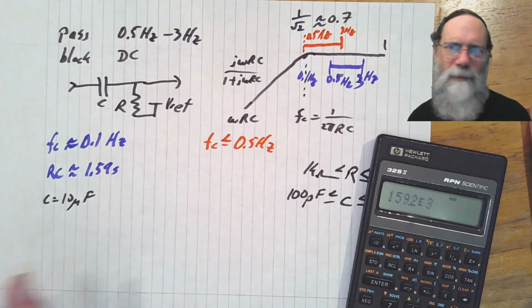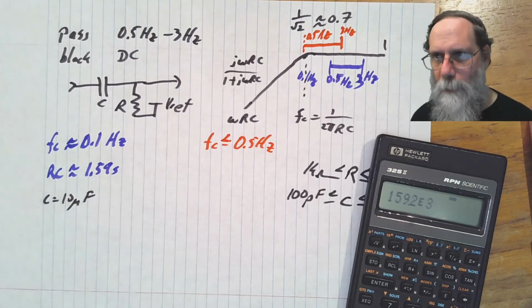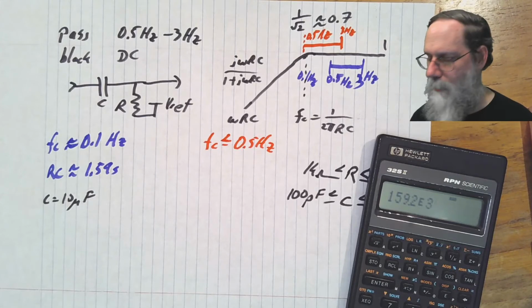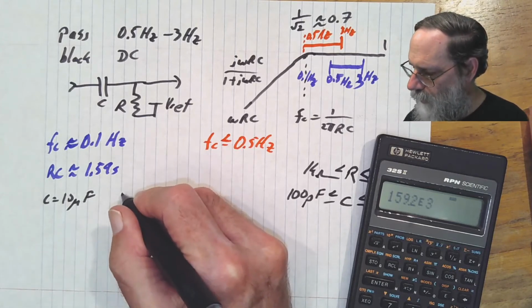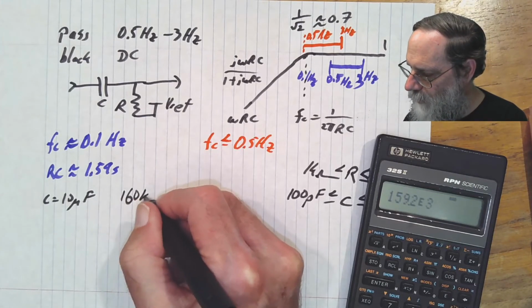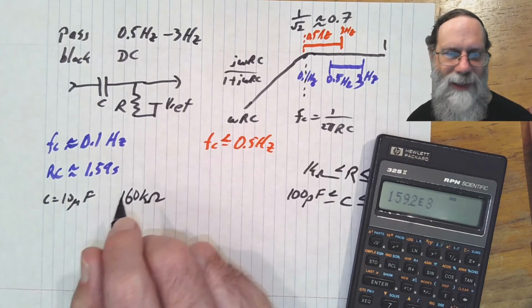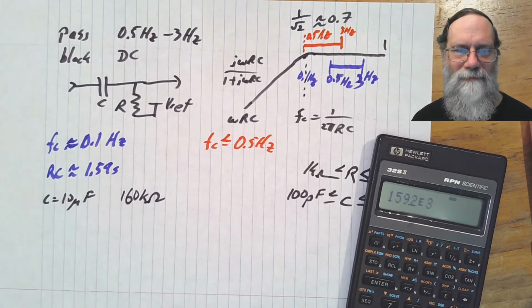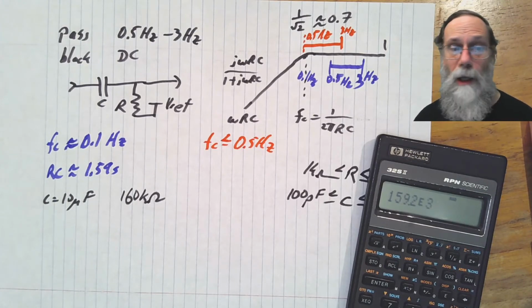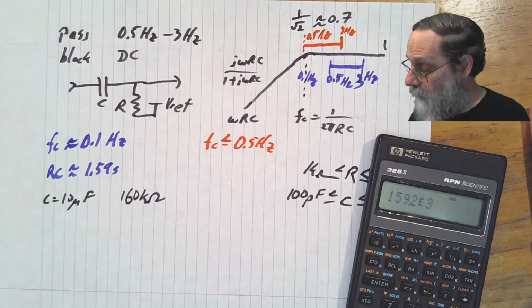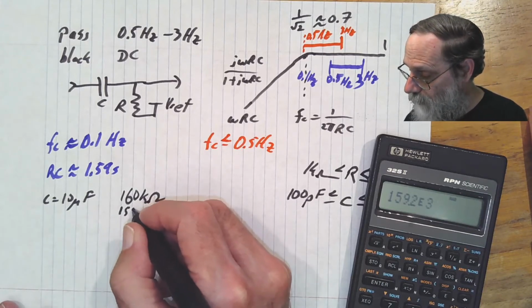Well, 159 kilo ohms is not a standard value. Whenever possible, use standard values. The closest standard value is probably 160 kilo ohms, and that's only sort of standard. The 160 is on the E24 series. If we wanted to limit ourselves to the E12 series, then we might use 150 kilo ohms.